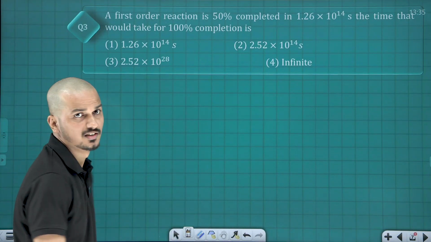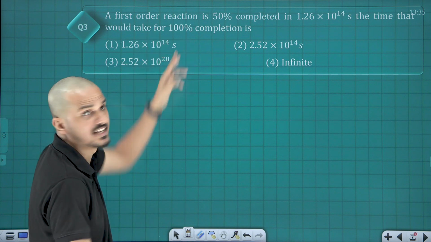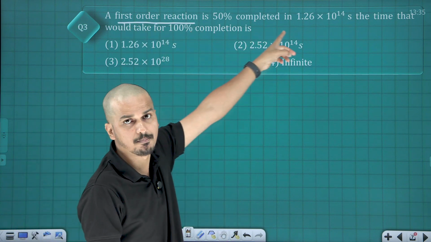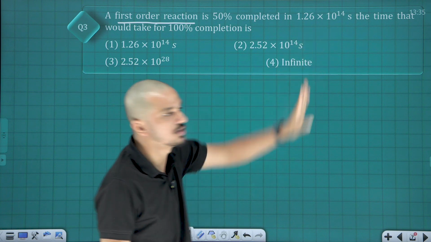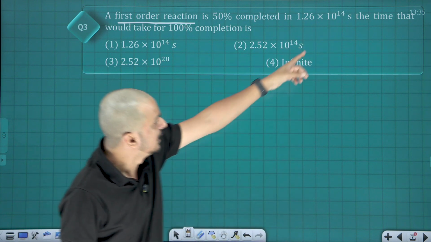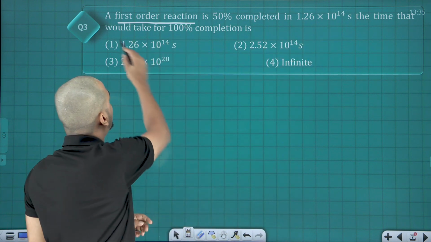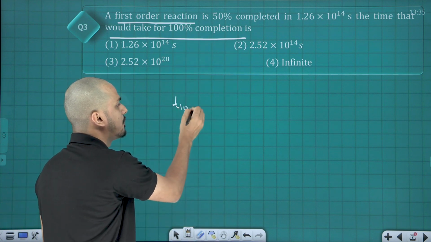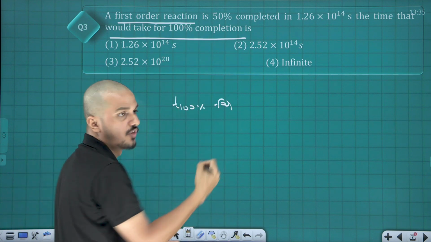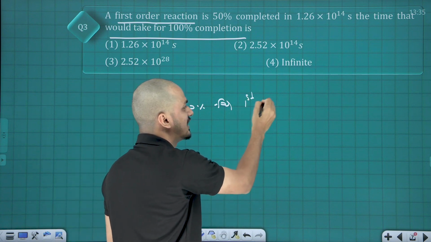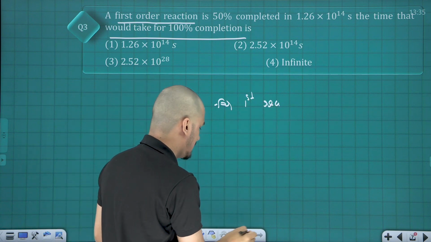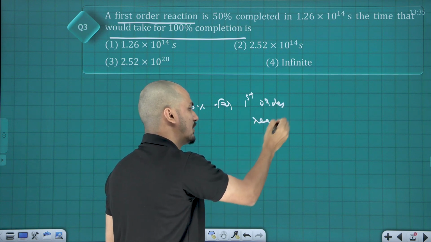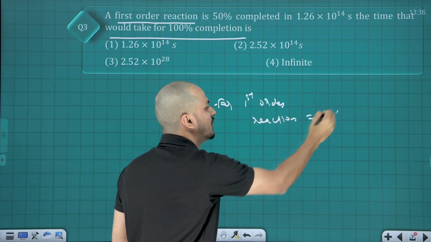What about the question here? They are telling a first order reaction. A first order reaction is 50% completed in 1.26 into 10 raised to 14 seconds. What is the time taken for 100% completion? We know the idea: t for 100% for a first order reaction is equal to infinity.